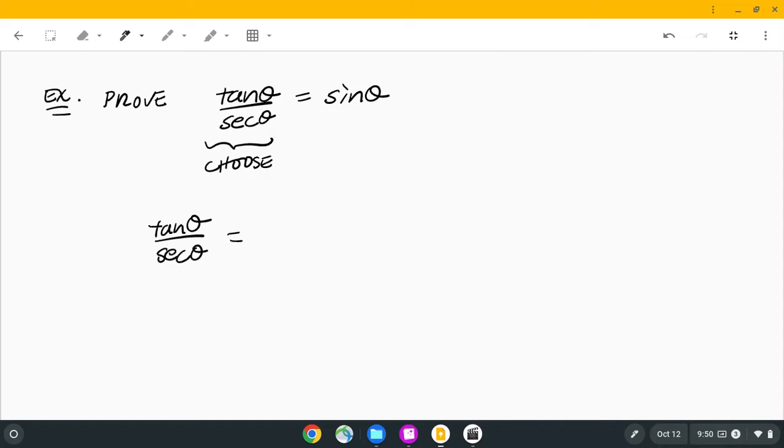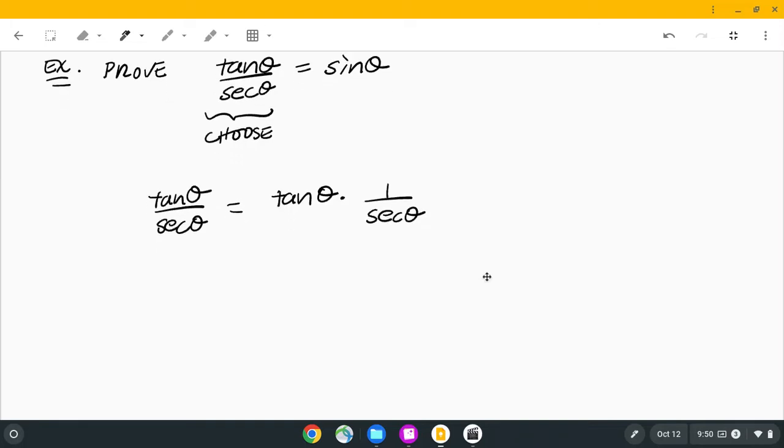Here, I'm going to separate them. Instead of writing it like that, I'll write it like this. This is equivalent; if I multiply this, I get that. And then 1 over secant is cosine.